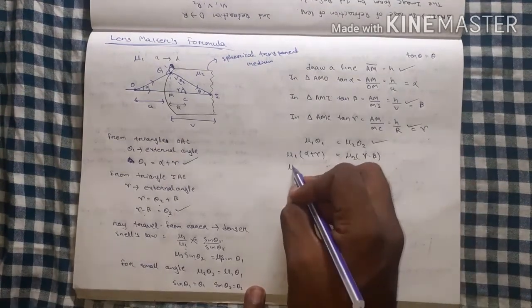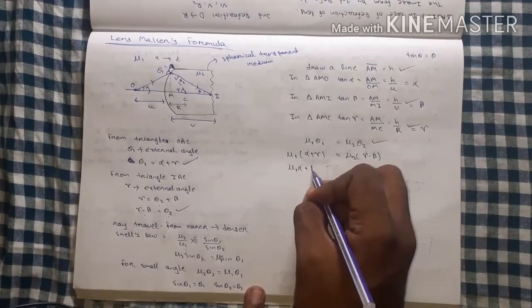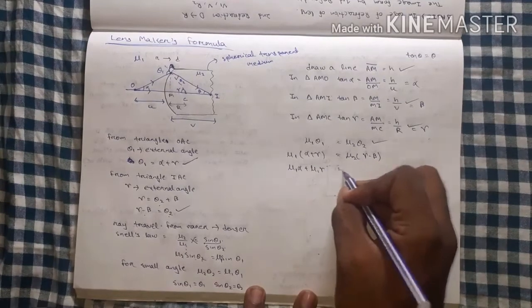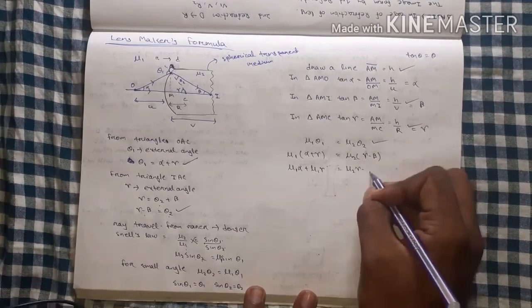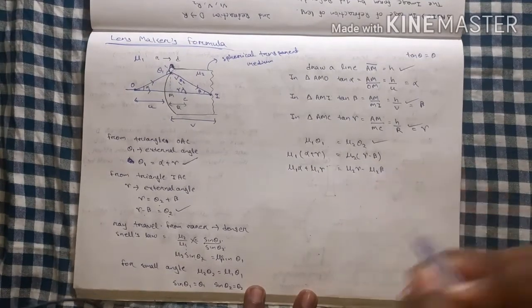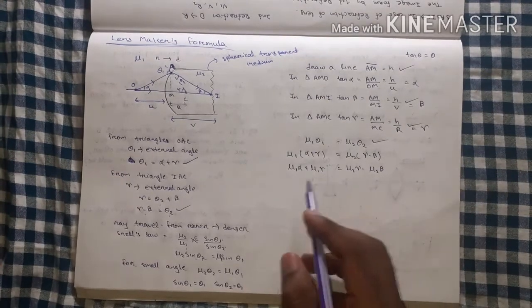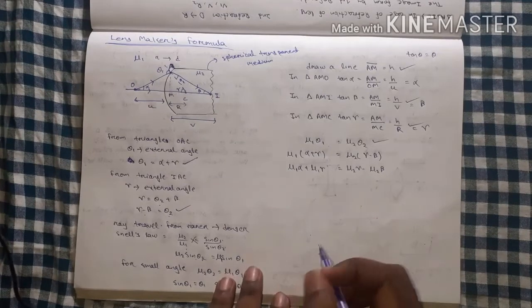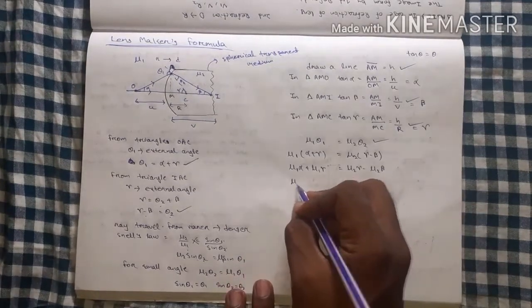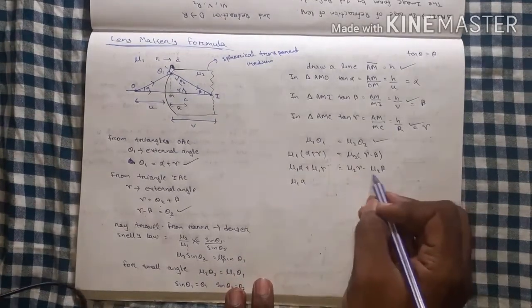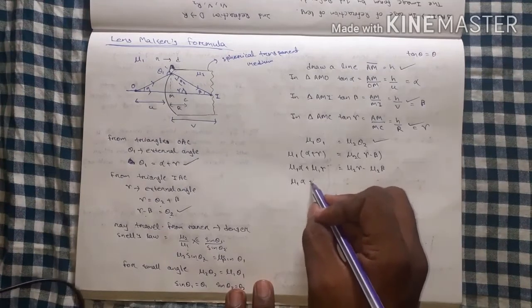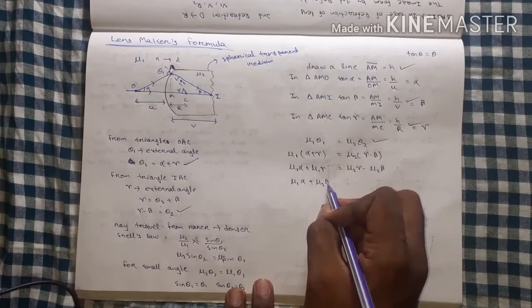Then I have to solve, multiply on each side, then get both on the same side. Mu 1 alpha, this is minus, put on this side, it will be plus mu 2 beta.